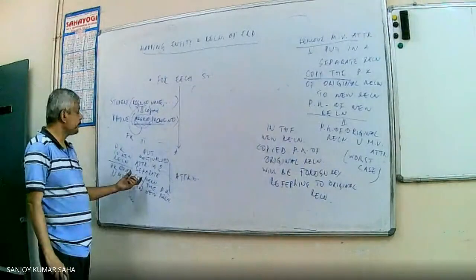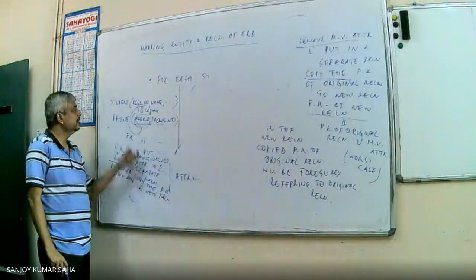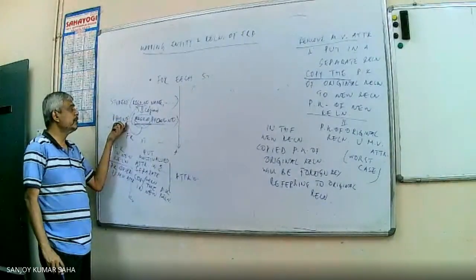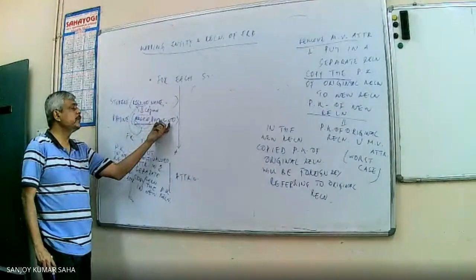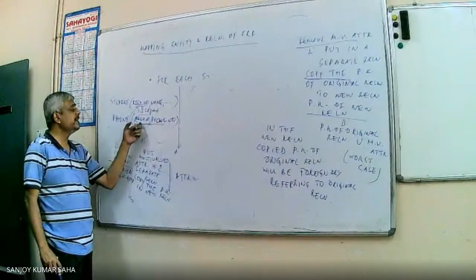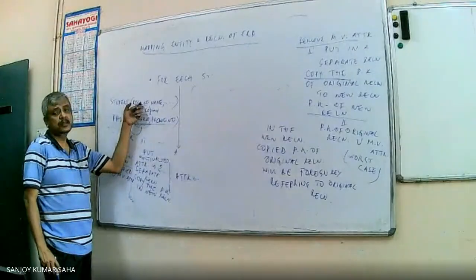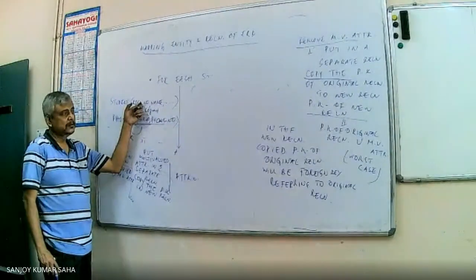So that means, say, student and phone. The multi-valued attribute was taken away here. So this registration number is referring to the original one.